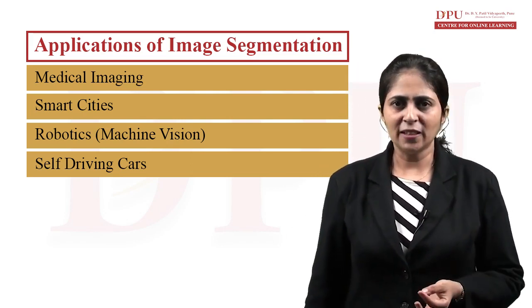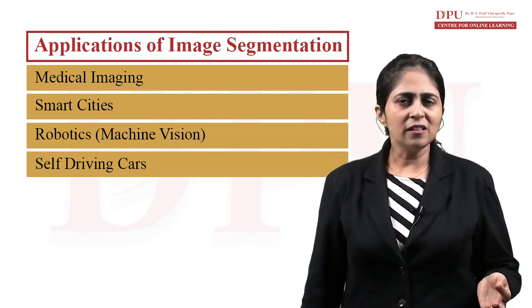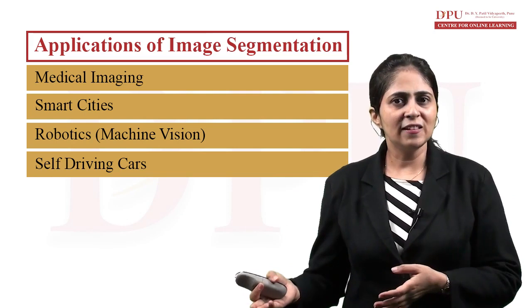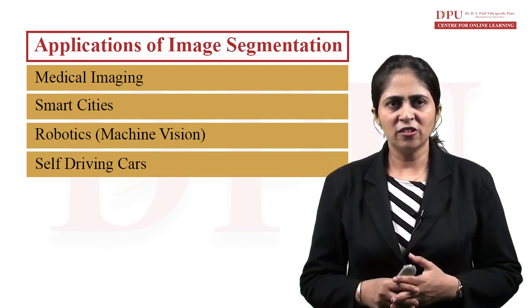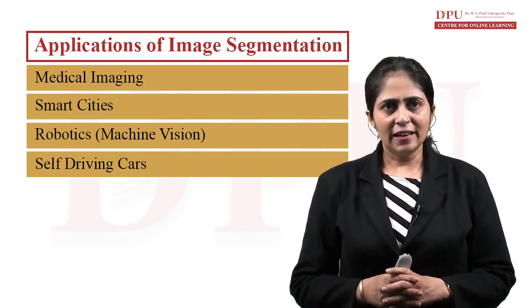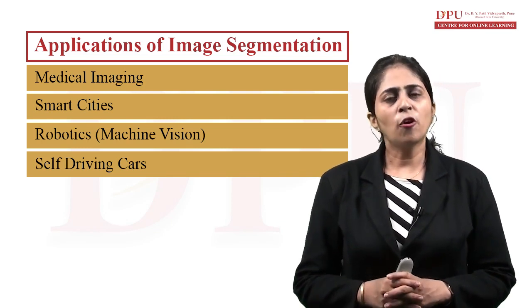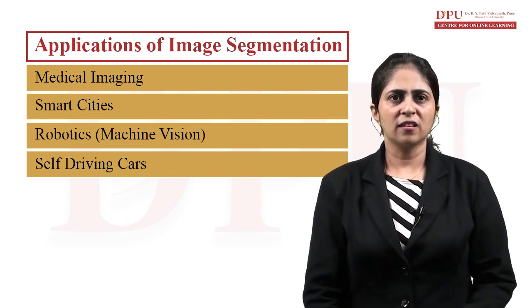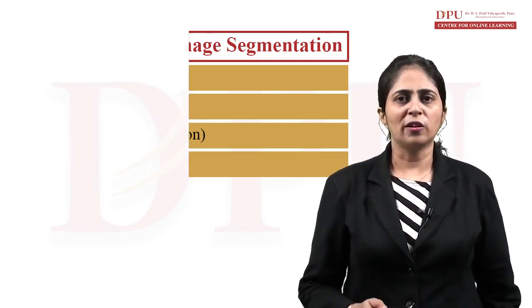In the field of medical imaging, we do use image segmentation. Then smart cities, where we are using CCTV cameras nowadays, we will be using image segmentation. Robotics, the very upcoming field, in that we require the process of image segmentation. And the fourth one, self-driving cars. There also image segmentation plays a very important role.